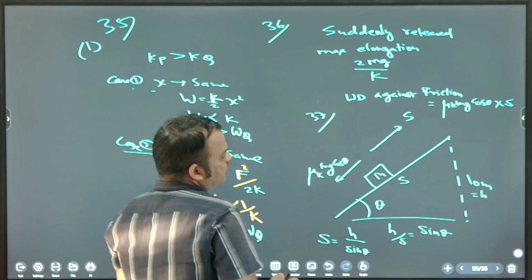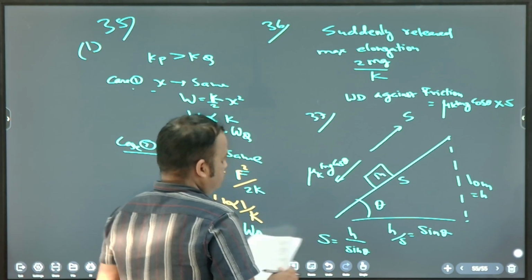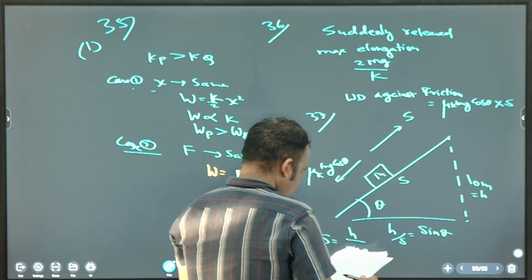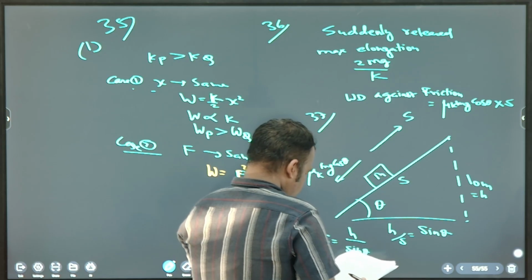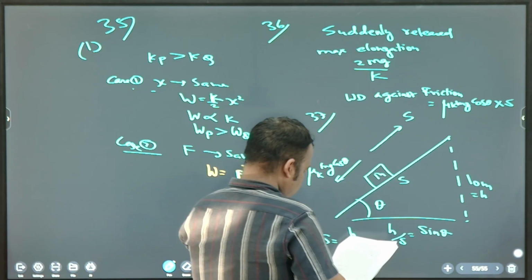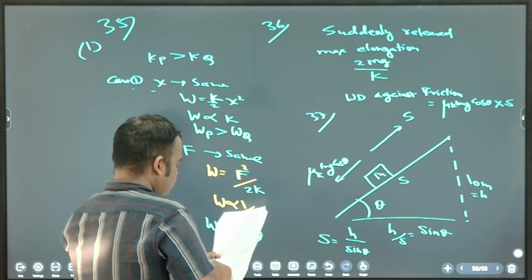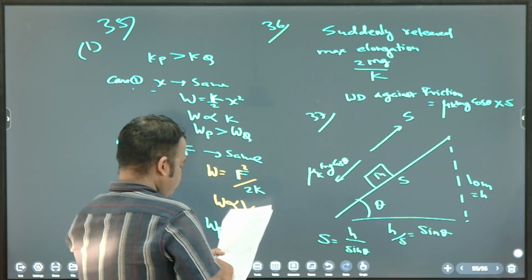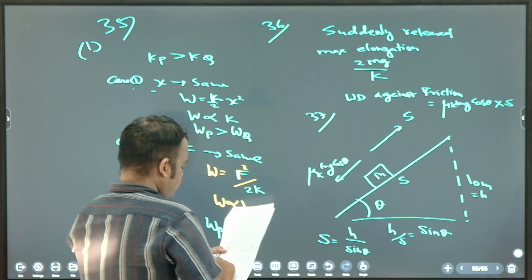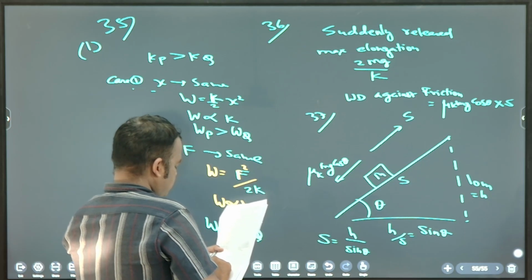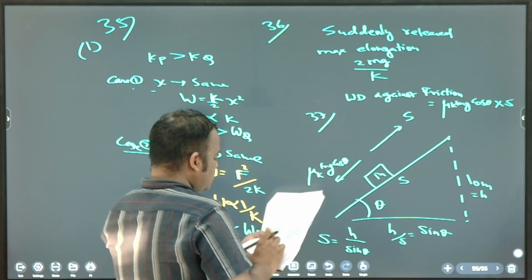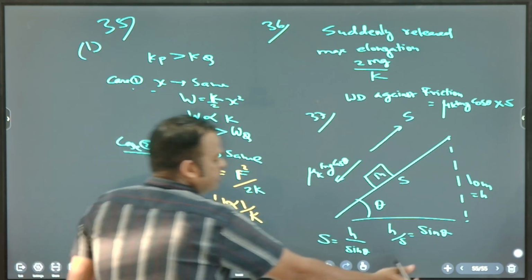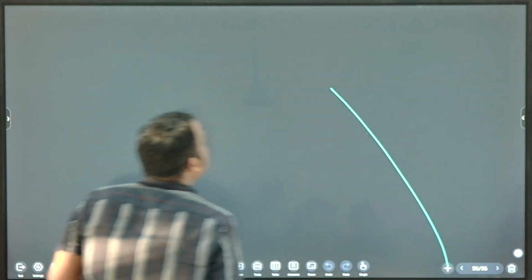So we need cos theta. Okay, 300 joule of work is done in sliding. Wait, next page I will tell. Next, 37.